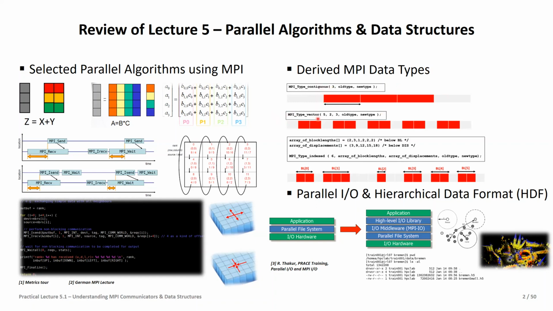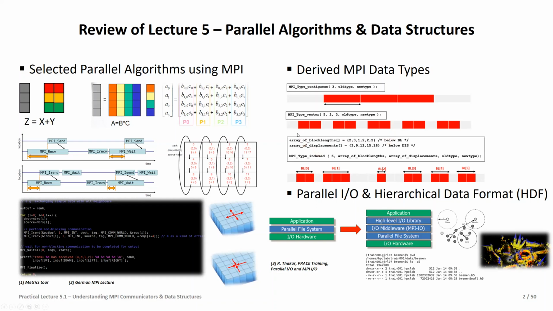Then we have this vector type, which gives us perhaps 5 items here. And the block is always 2 elements long. Then you have the so-called stride that tells us on what memory position I should put them. And here you have the stride of 3, meaning there is always a hole.